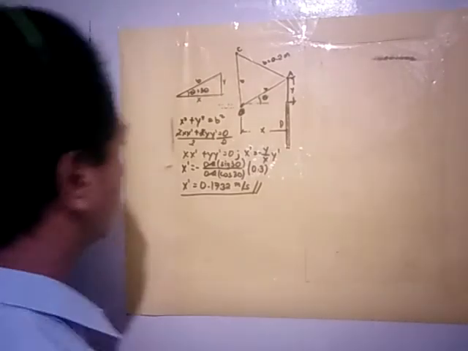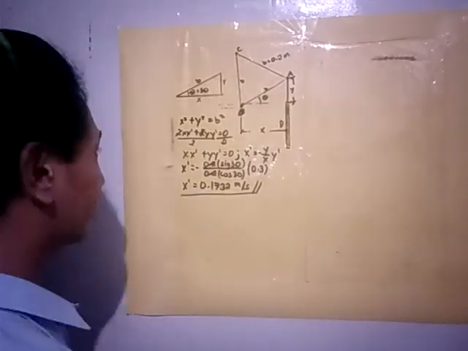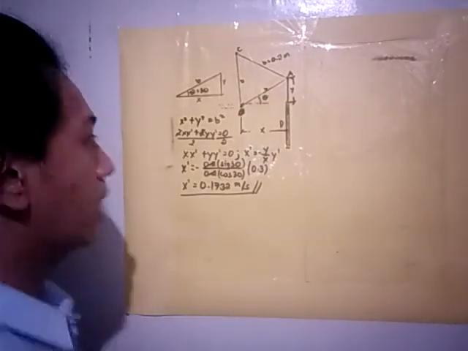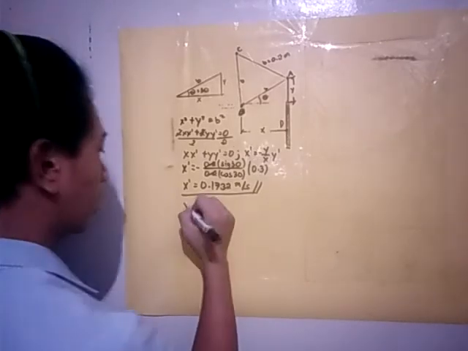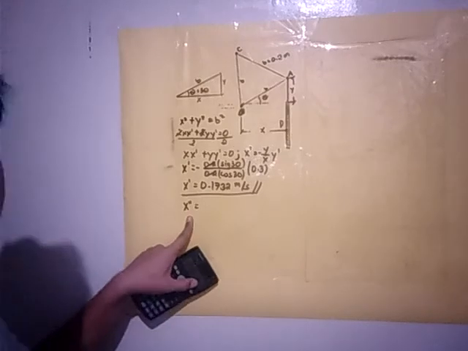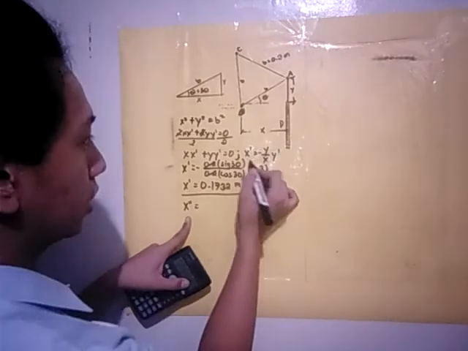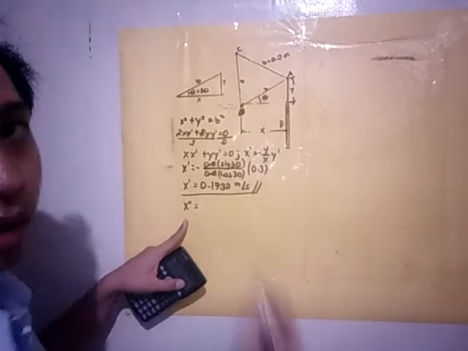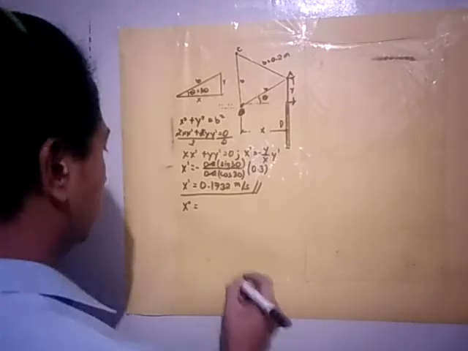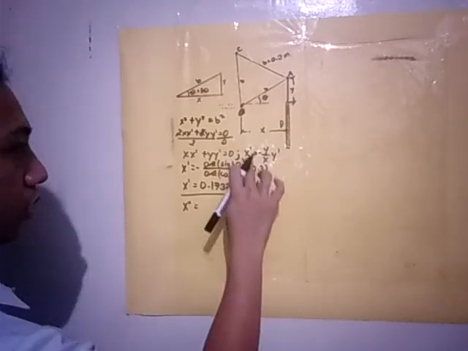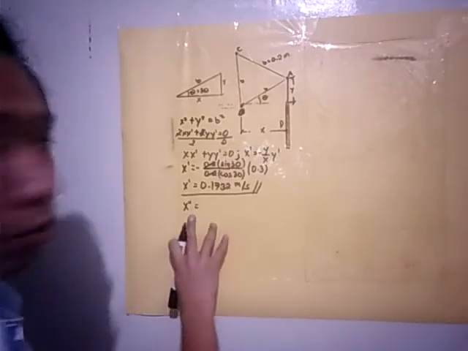So next is our acceleration at point B. Acceleration at point B is the second time derivative of our position, so it is x double prime. And how will we get x double prime? By differentiating our equation for velocity at point B. The derivative of x prime is x double prime.